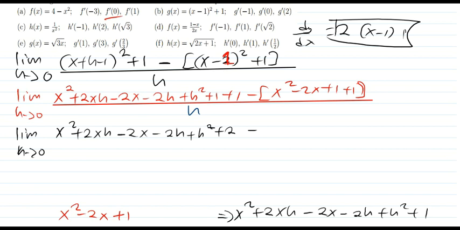If I can just add those two, 1 plus 1, I'll get a 2. Let me just put here a 2. So plus 2. It's going to be negative x squared plus 2x. Okay, then minus 2. I divide this by h.